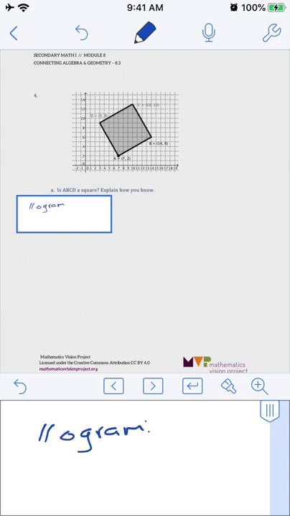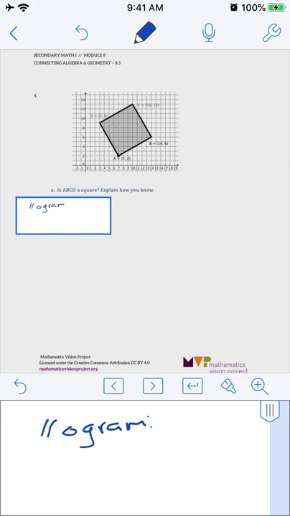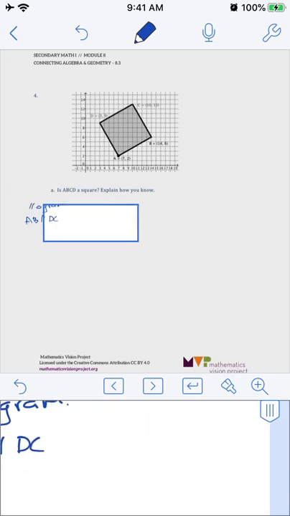Let's check that. So AB parallel to DC, and AD parallel to BC.